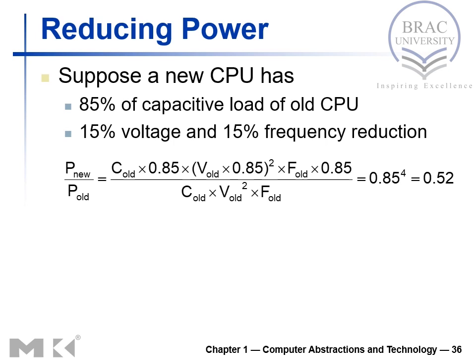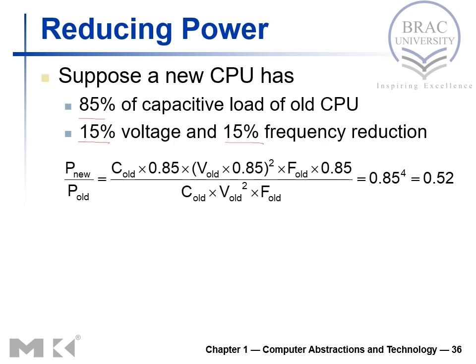Suppose we are trying to design a new CPU where the capacitive load is reduced by 15%, so it will have 85% of the capacitive load compared to the old CPU, voltage is reduced by 15%, and frequency is reduced by 15%.